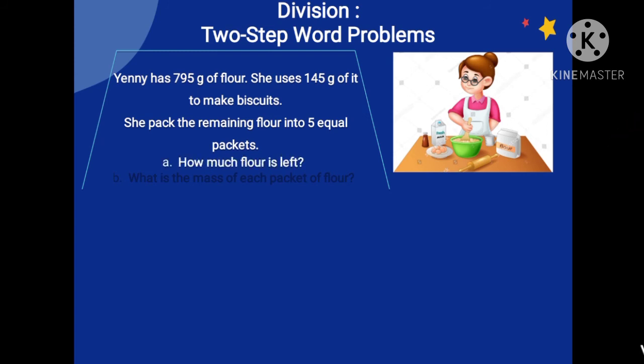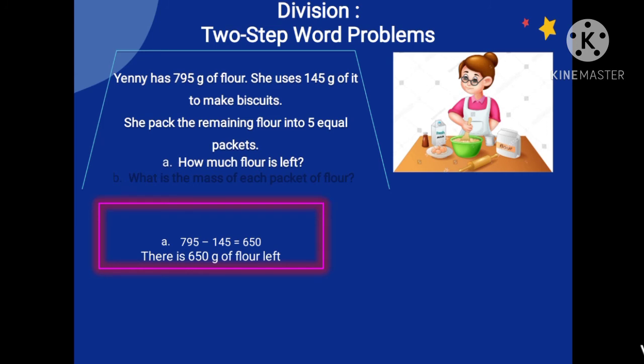And then the first question, how much flour is left? Let's answer this. So this is the total amount of flour that Yenny has, and then she used 145 of it. So the remaining flour is the total number minus 145.